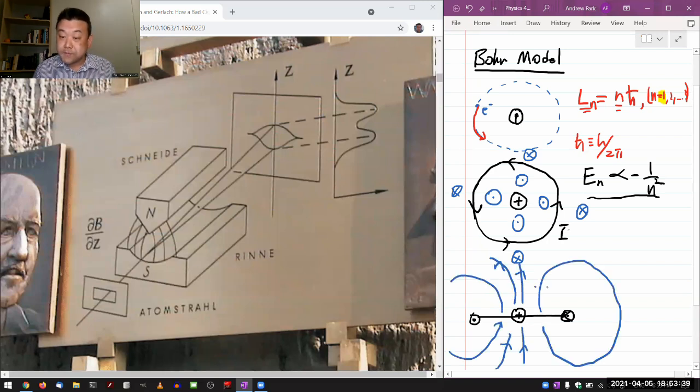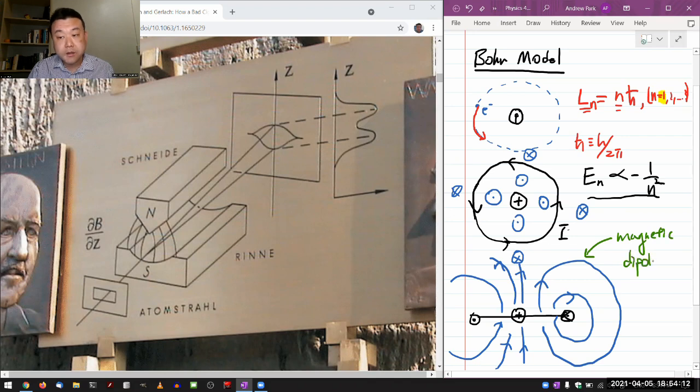So as you imagine these consequences of Bohr's model of an electron going in a circle somehow stably around the atomic nucleus, you come to the realization that what the Bohr model predicts is that an atom should behave like a magnetic dipole. This is the elementary model of a magnetic dipole.